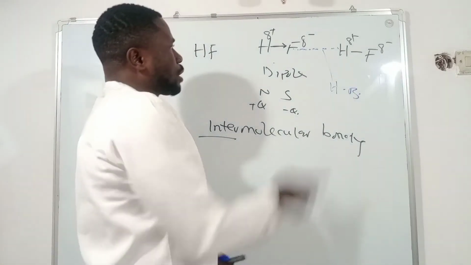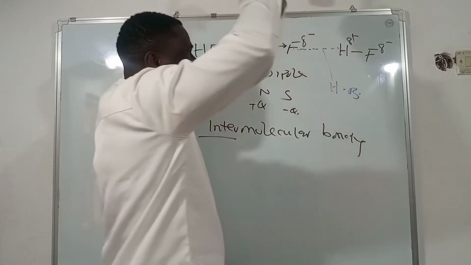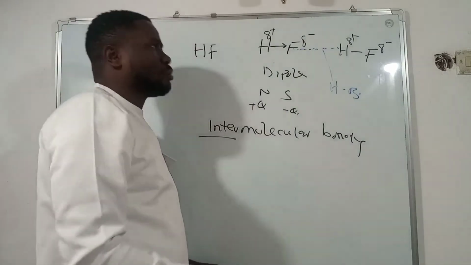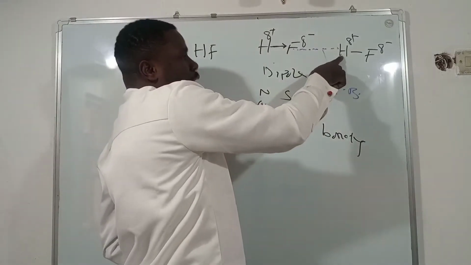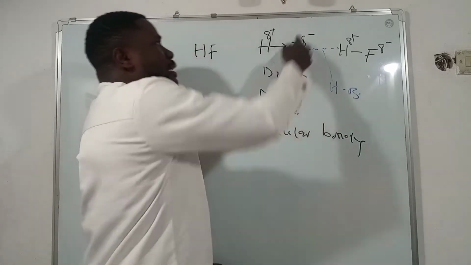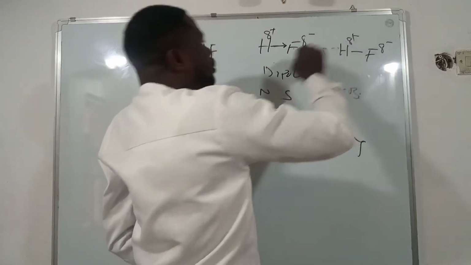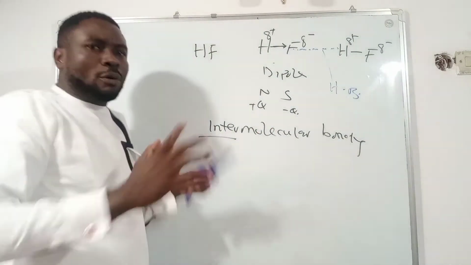Why is it hydrogen? Because it involves hydrogen. Look, hydrogen is here. In every situation, every time you see hydrogen bond, there must be involvement of hydrogen. So because there is hydrogen here, it is called hydrogen bonding. So again, this is a molecule, this is a molecule. Because it involves 2 molecules, it becomes intermolecular, so intermolecular bonding.